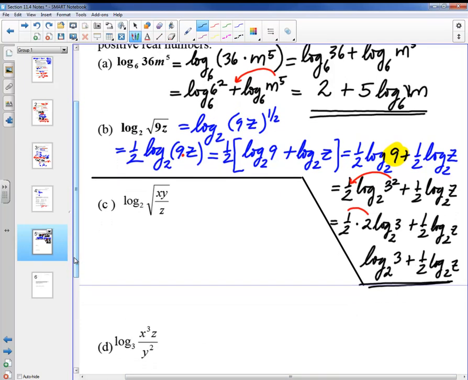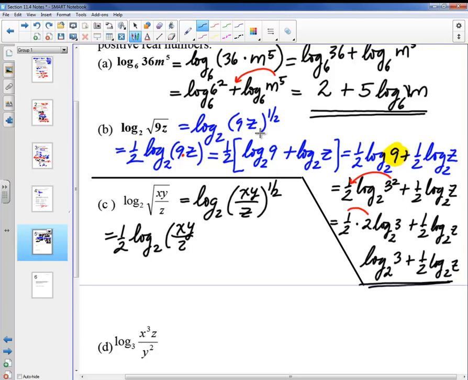Okay, so in this next example, you also have a square root, so I'm going to change that into log base 2 of xy over z raised to the 1/2. And we can put the 1/2 in front, but do it like we did here with the 1/2. So I'm going to put the 1/2 right here for now. Log base 2 of xy over z.